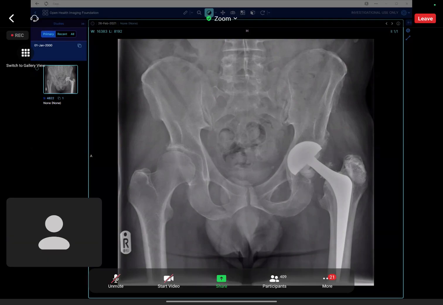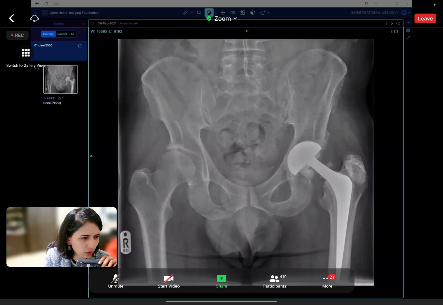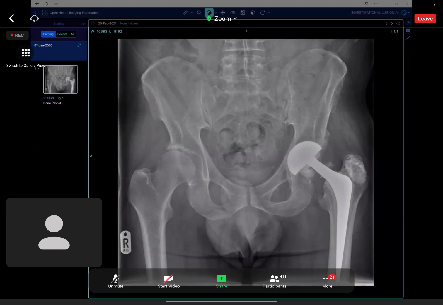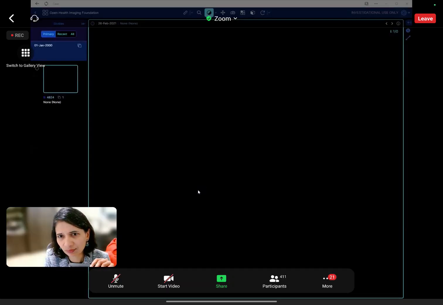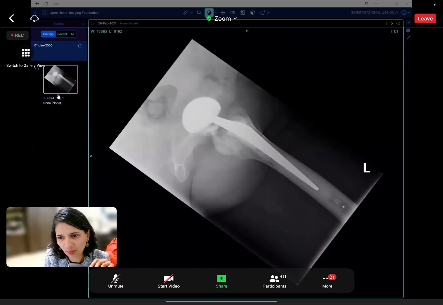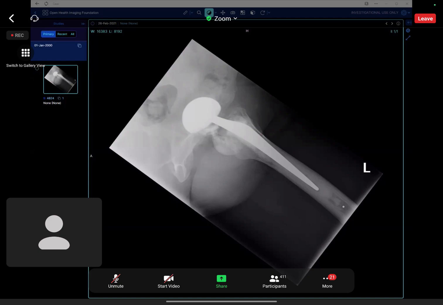So there are multiple high density fragments around the head of the left femur prosthesis. Please ask for a lateral.